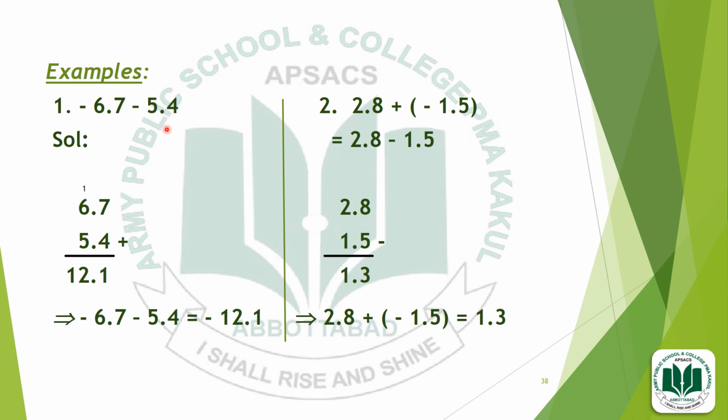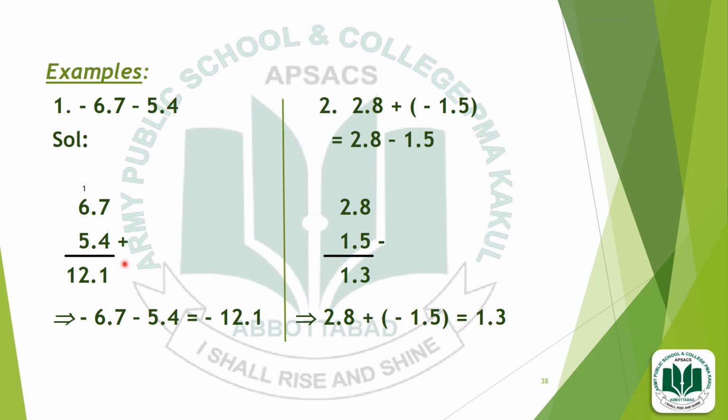We have an example: minus 6.7 minus 5.4. Since both these numbers have the same signs, we have to perform addition. For adding, write down the numbers one under another by aligning the decimal point.